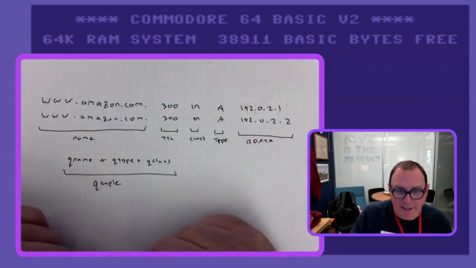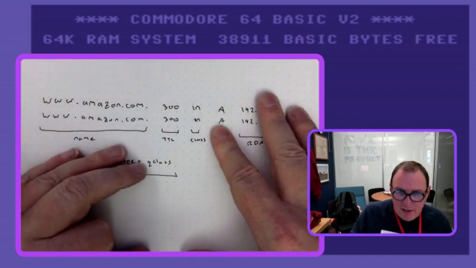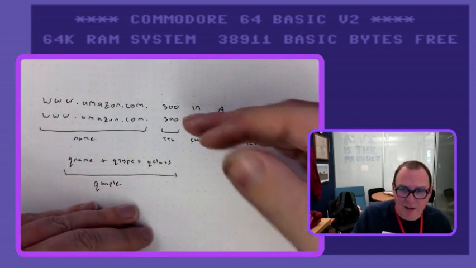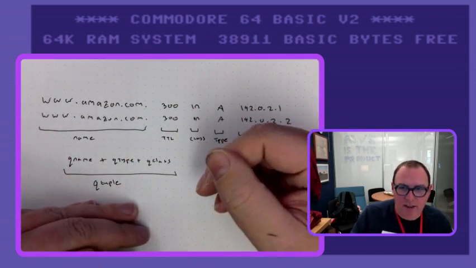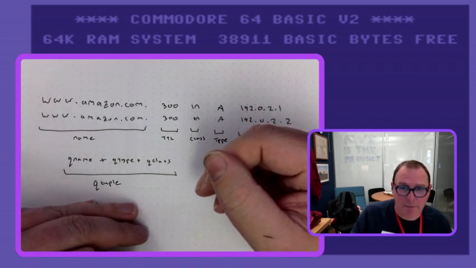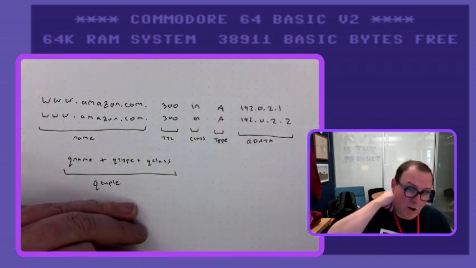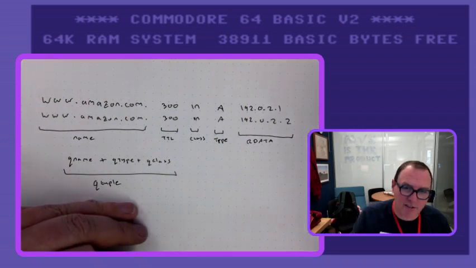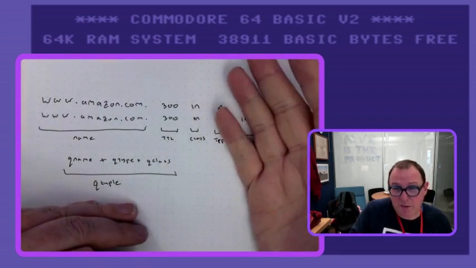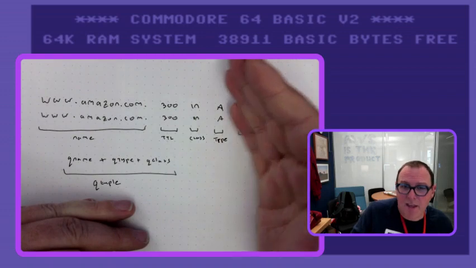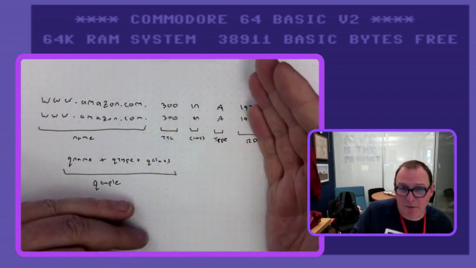And that's unfortunate because it means CNAMEs can't coexist with any other record types for a given name, which basically means they don't work at the apex of your zone. They work for www.amazon.com, but a CNAME doesn't work at the amazon.com level.